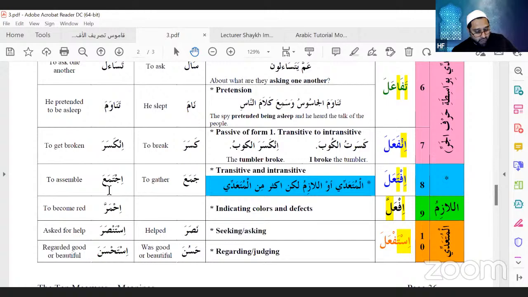I'll write this example down. Jama'atul junda. I gathered the army, so they gathered. I'm writing this example down, 1 second. Fajtama'a.